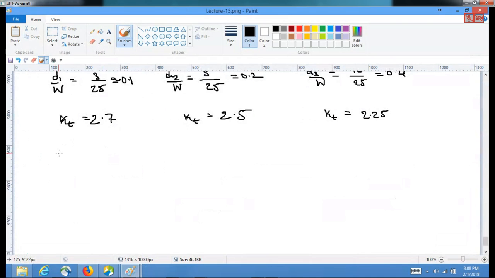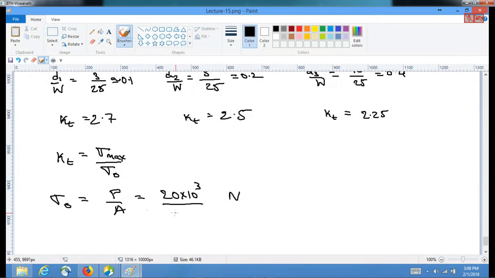In all these cases, the fundamental equation says that sigma naught is equal to P by A, where P is 20 kilonewtons, written in Newtons, divided by the area, where 25 is the width and 15 is the thickness. So it is 53.33 Newton per mm square.